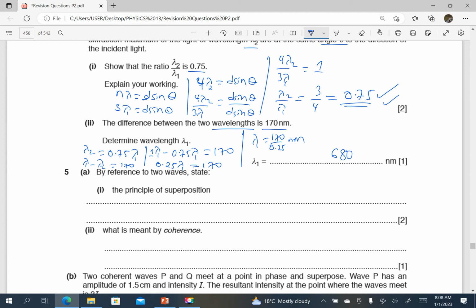So we shall simply say that when two waves meet at a point, the resultant displacement is the algebraic sum of the individual displacements of each wave.